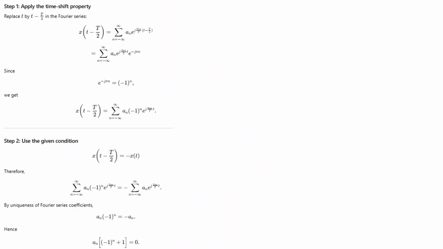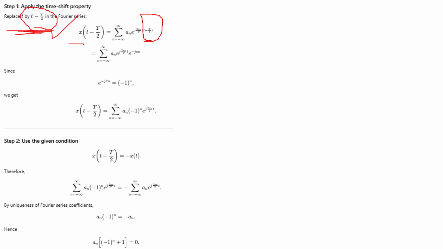First of all, since it is given in the question that x(t minus T by 2) is equal to minus x(t), first shift your signal, right? So x(t minus tau). Whenever you are shifting x(t minus tau), you just have to multiply by this.